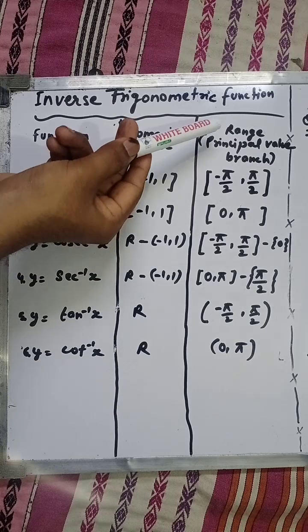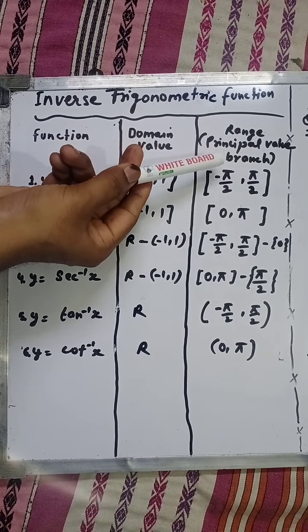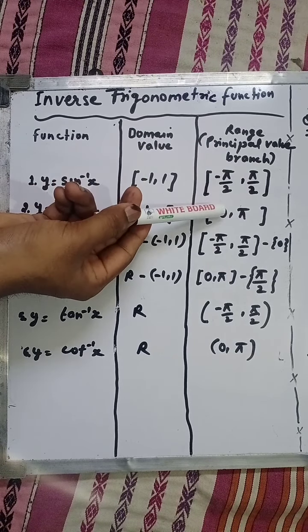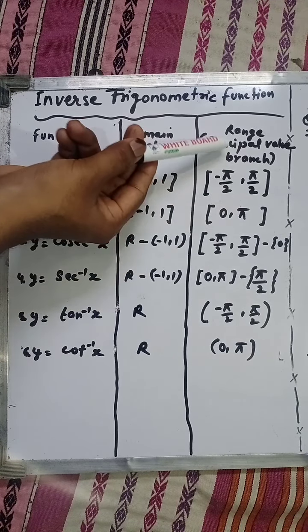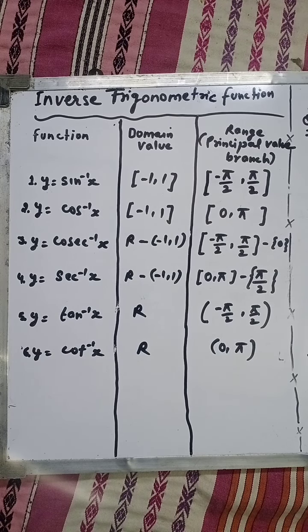The range of that function given here is known as the principal value. In your first exercise, exercise 2.1, we have to find out the principal value of the trigonometric functions. So let's start our first exercise of this chapter.